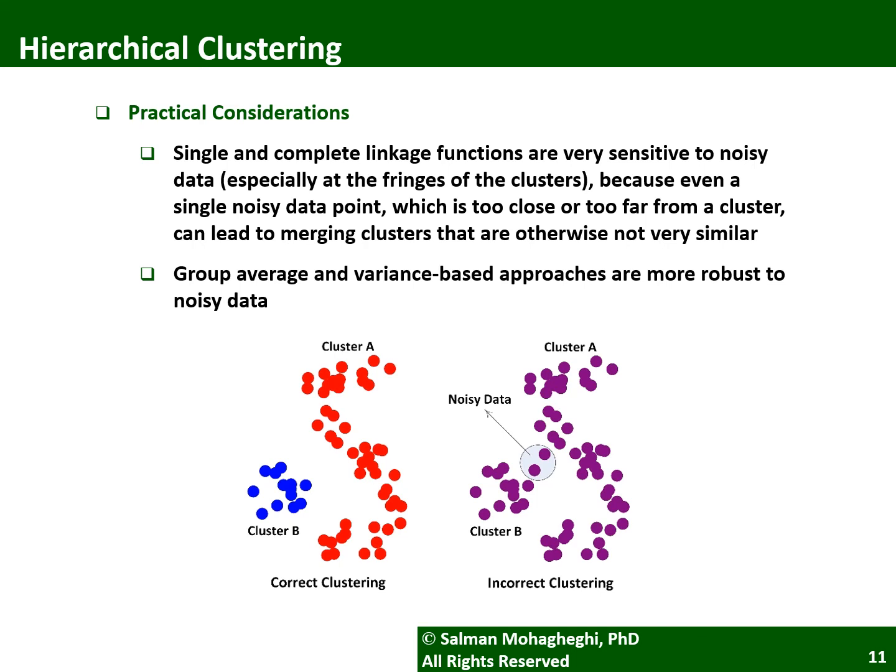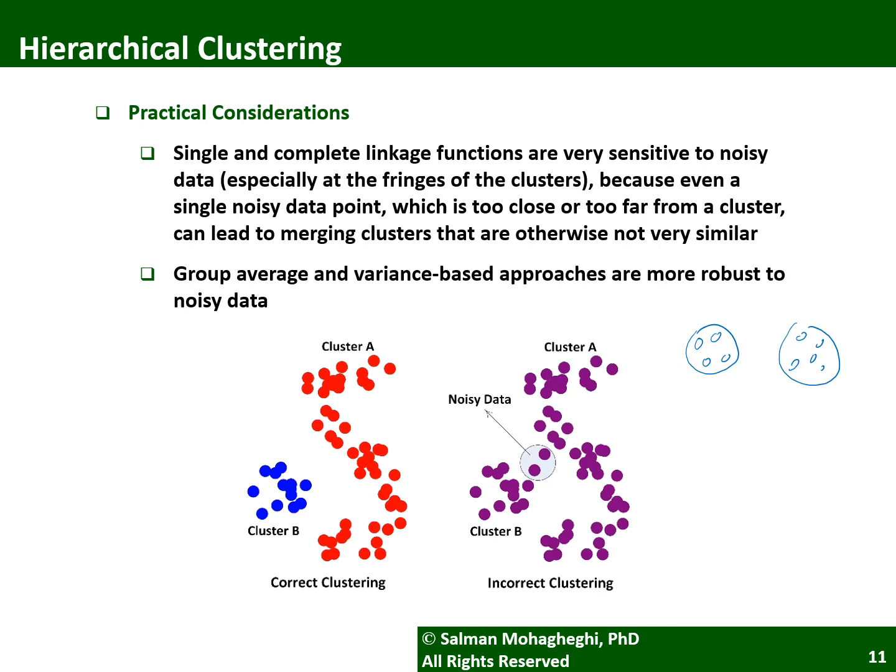The choice of linkage function is actually quite important. Some functions are more sensitive to noisy data. For example, imagine you have these data sets, these clusters. In this case, you could use any one of those functions that we talked about, right?